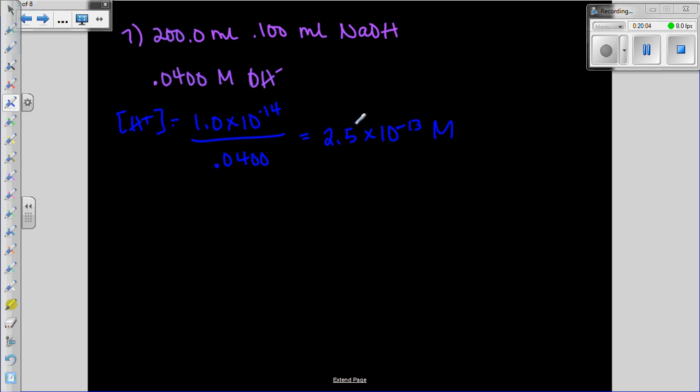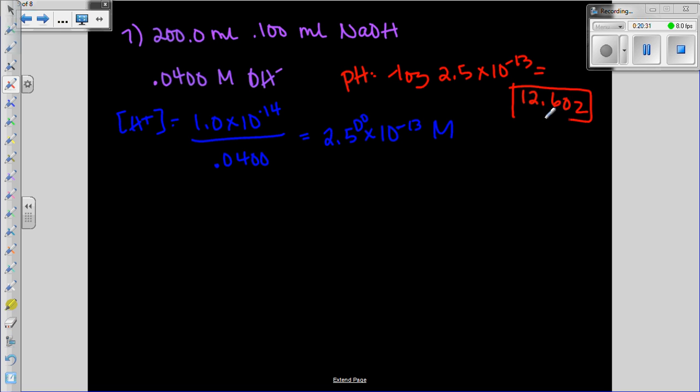I know I'm not doing sig figs. To get pH, I'm going to do negative log of this value, 2.5 times 10 to the negative 13th. Everything I've been using has had 3 sig figs, so I want to go 3 digits past the decimal: 12.602.